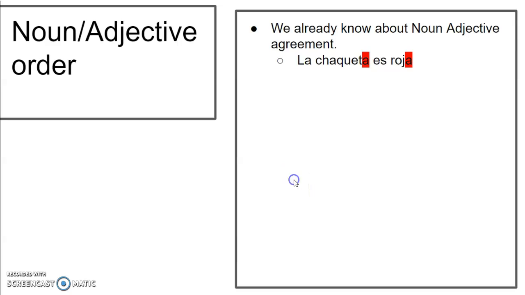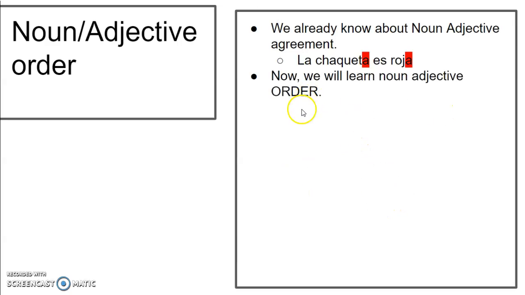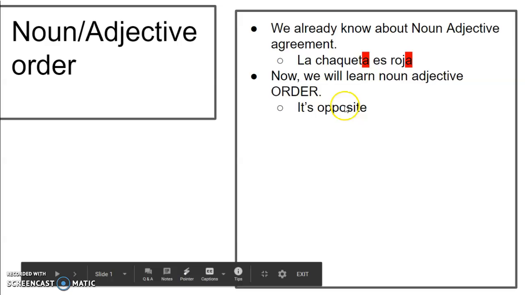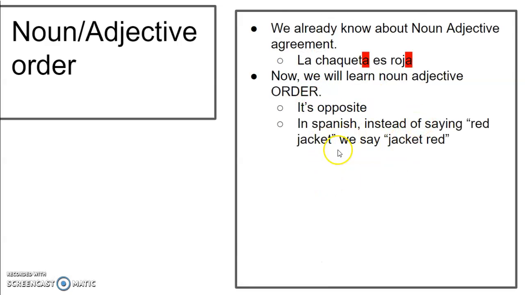Okay? So now we're going to learn about noun adjective order. It's opposite from English. The way that we structure our sentences in any language is called syntax. In Spanish, instead of saying red jacket, we would say jacket red.